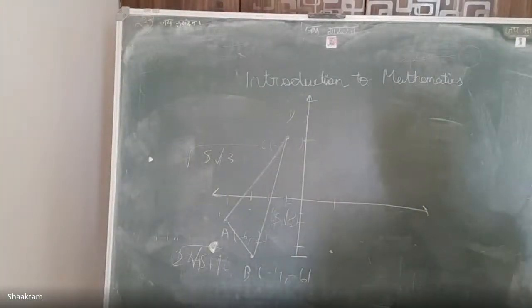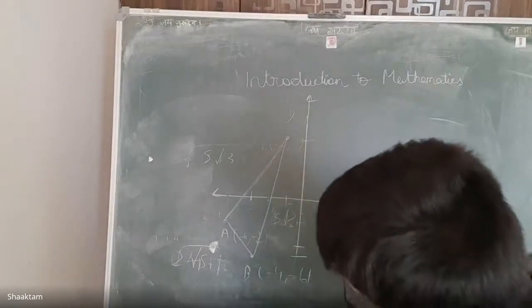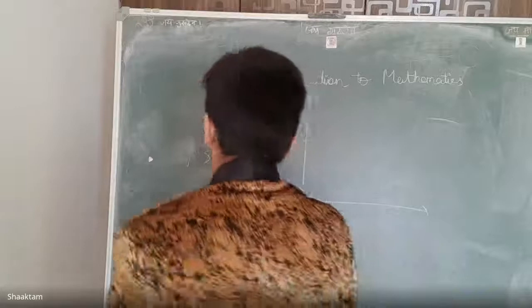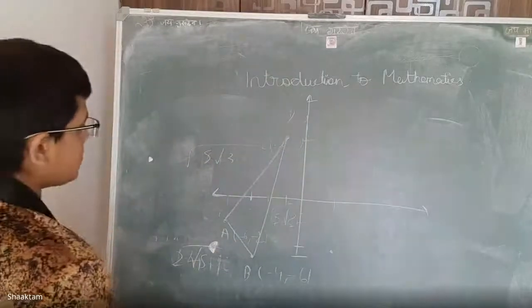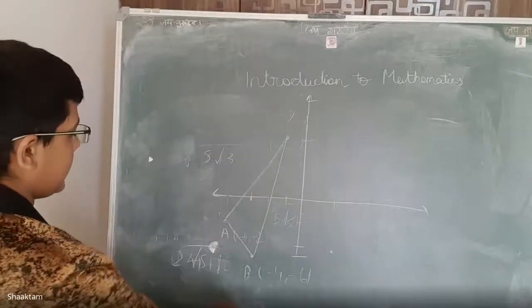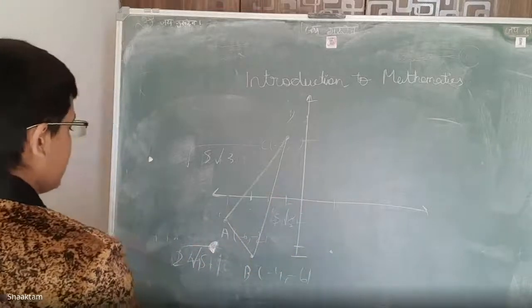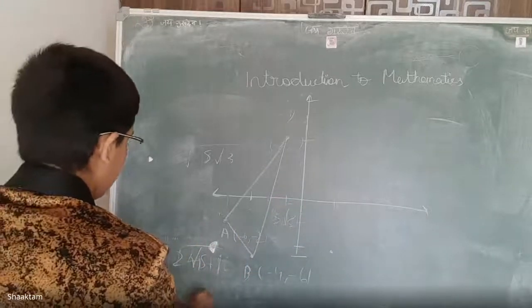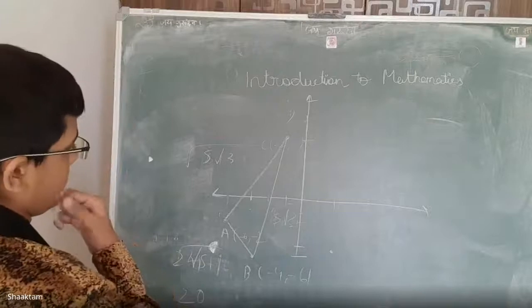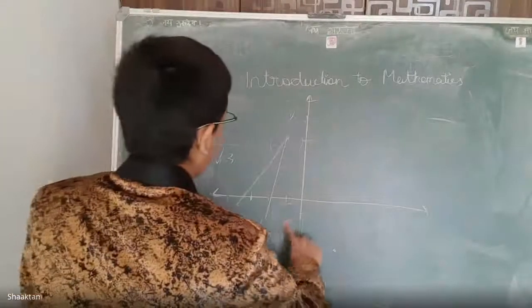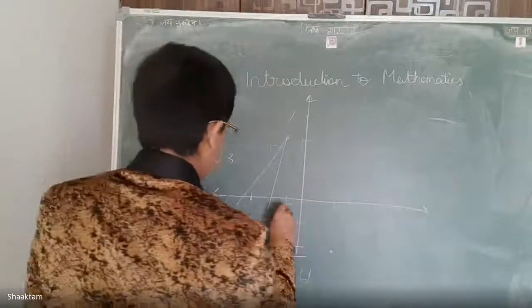Now, how can we figure out that it will be a right angle triangle if it is? You can use the smallest sides. The smaller sides are 2 root 5 and 5 root 3. So the squares will be 20 and... okay, root 125 will be 5 root 5 now.